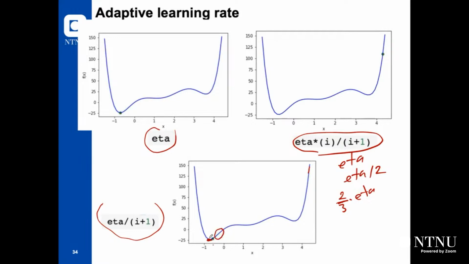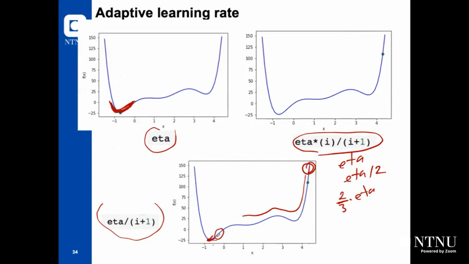In this case, we avoid oscillation, because in some cases the updates will just go here, then here, then back here, oscillating around the global minimum because I'm using a very high learning rate. So the best option is to use this adaptive learning rate, where we start with a large learning rate, and after that it decreases with time, so we reduce the speed when we are reaching our optimum point.